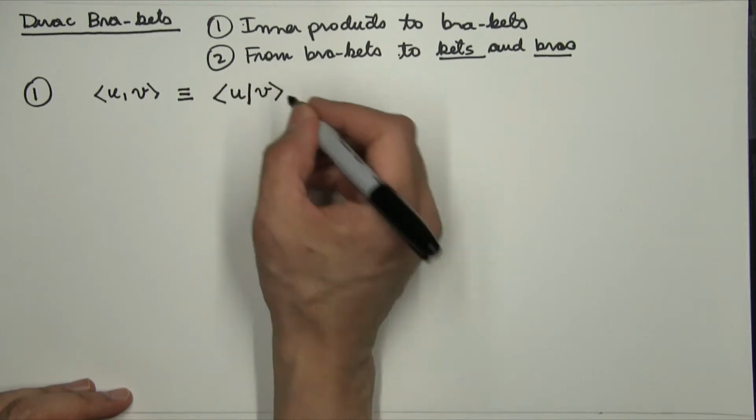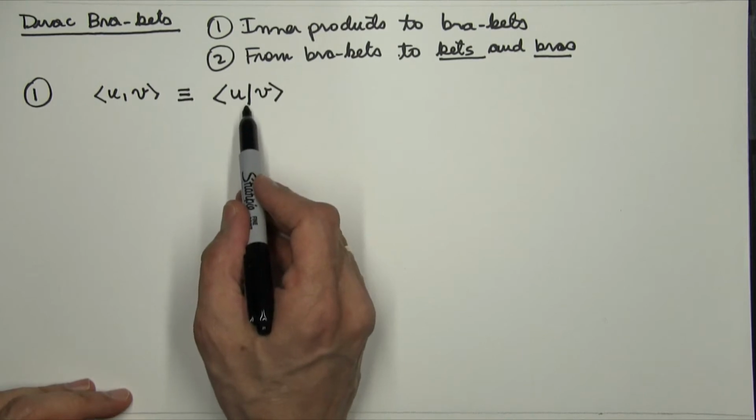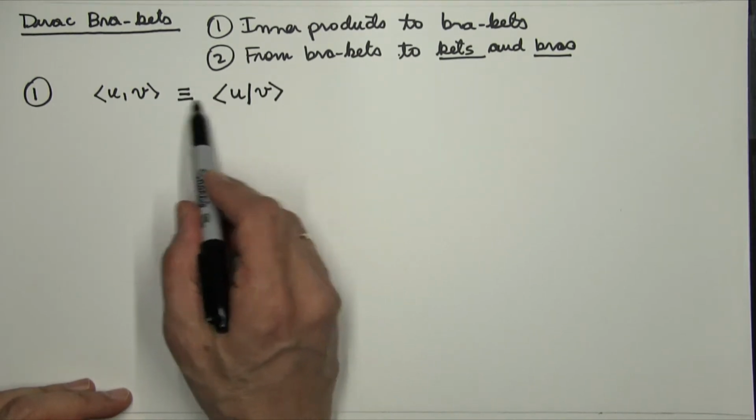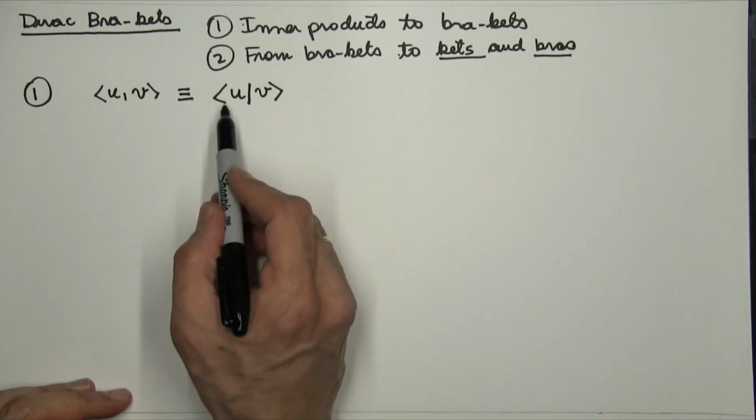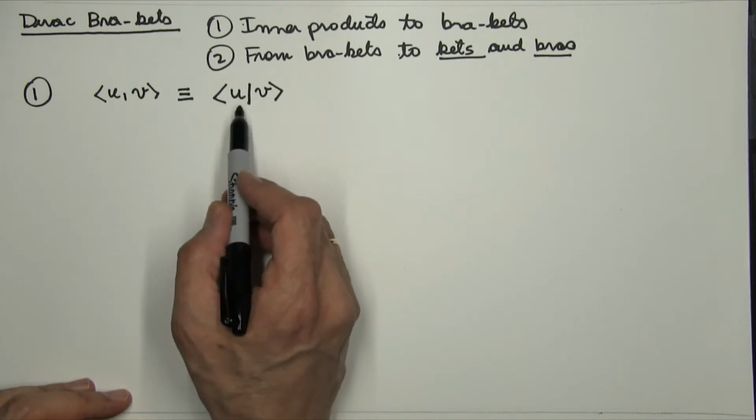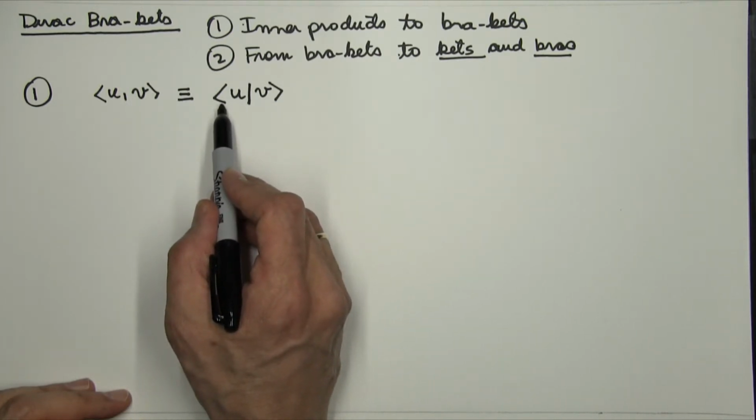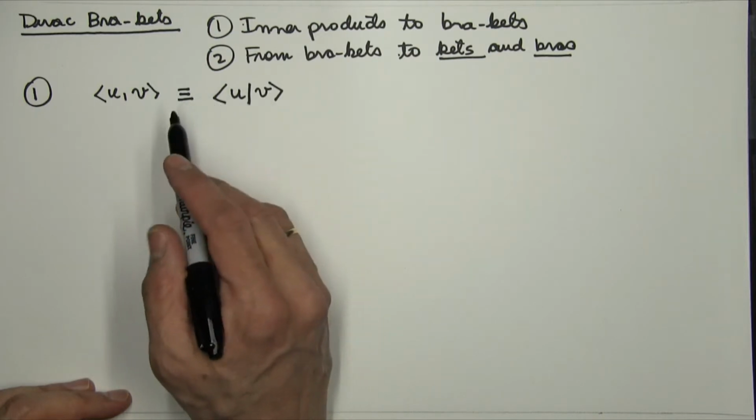So you can take this as the definition, and that's a bracket. It's the bra and the ket put together, as we will see.